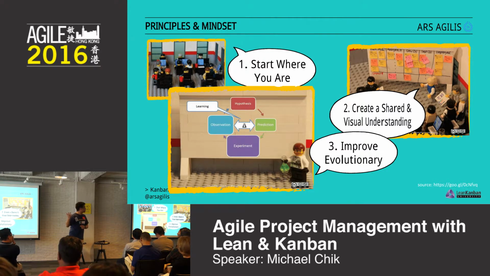The second one is create a shared and visual understanding. The visual part for us is very important. Once you visualize something, it's so much easier to understand it. That's the reason in Scrum, in the beginning you had Scrum boards, you had burn down charts, because it's a visualization.